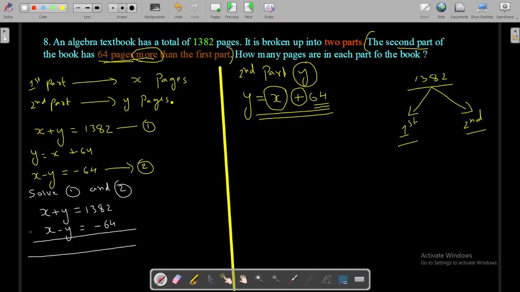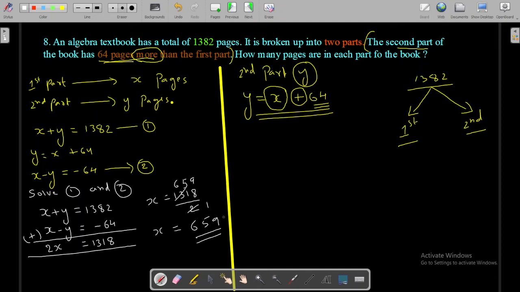So if I add this, I will be getting 2x is equal to 1318, or we will get x is equal to 1318 by 2, or simply x is equal to 659. So I will be getting x is equal to 659.